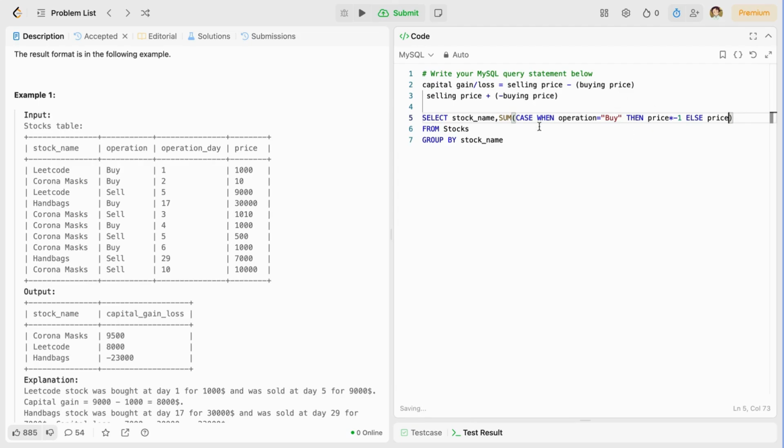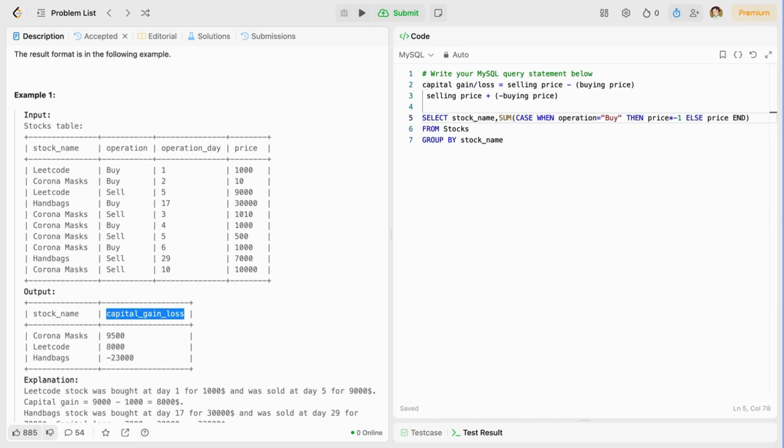So if we do the summation, whenever it is buy, it is going to make all the price values negative, and whenever it is selling, all the values will be positive. We are going to take the summation of both of them. And whenever you use a case when statement, you need to end it. And we need to alias it as capital gain or loss.